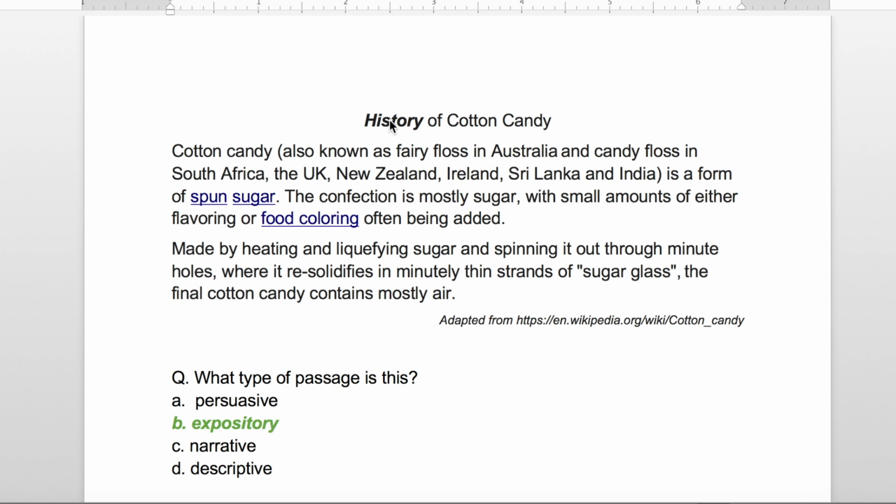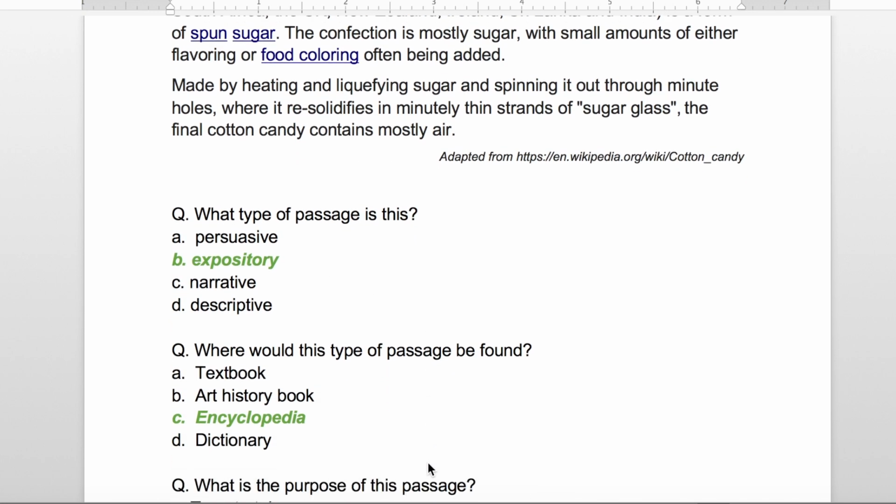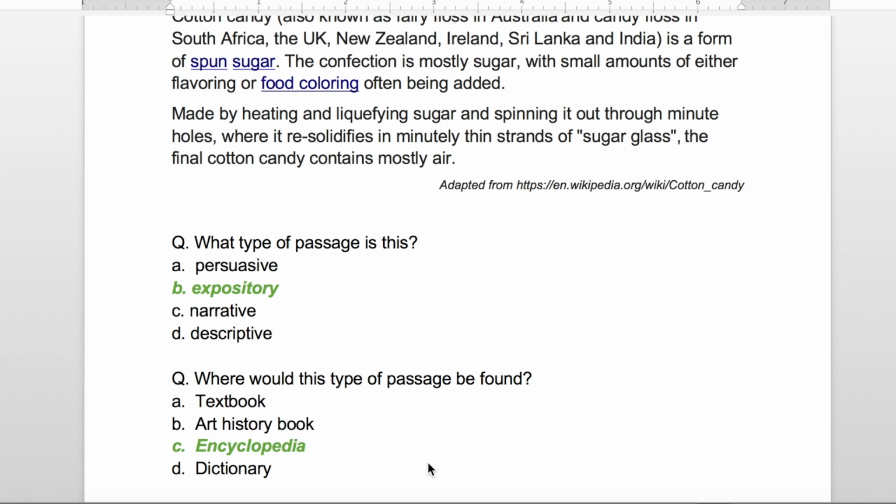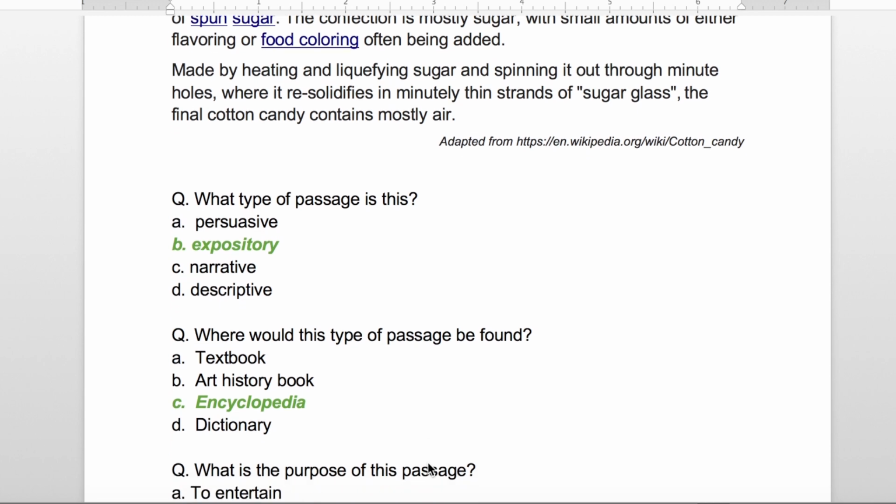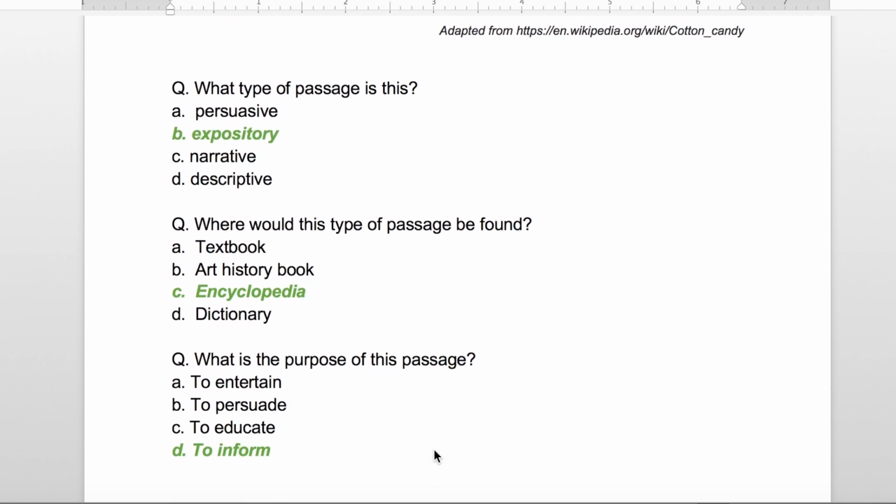You just take one look at that word history and come down and you click it and you go, okay? Let's look at another question. Where would this type of passage be found? If it's expository, the answer is encyclopedia, okay? Keep going. You have 1 minute per question.